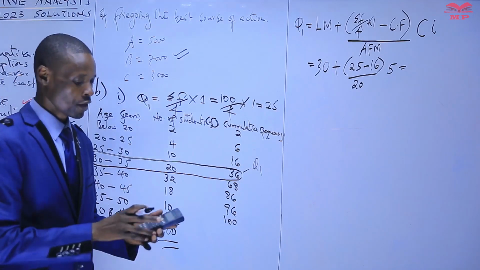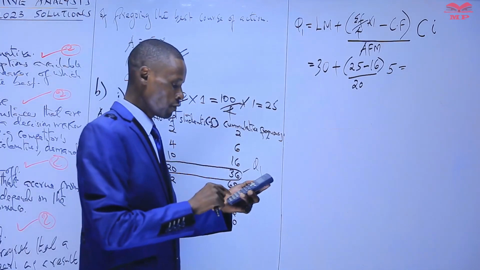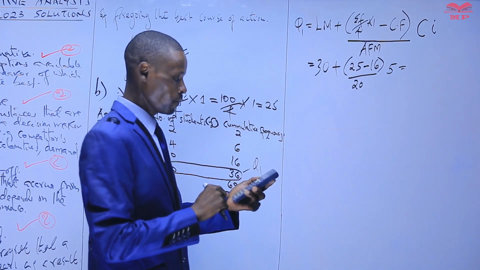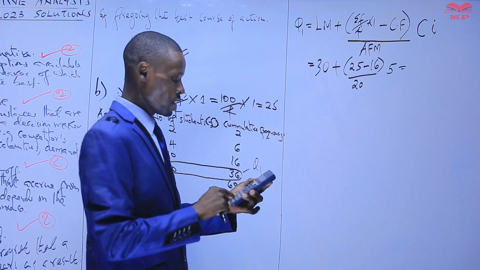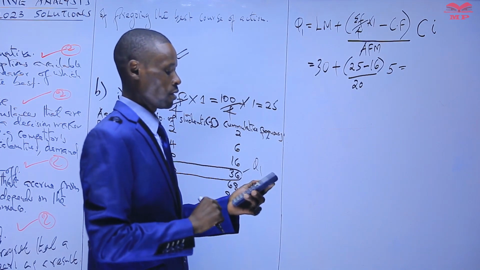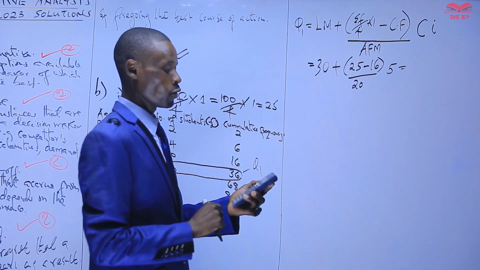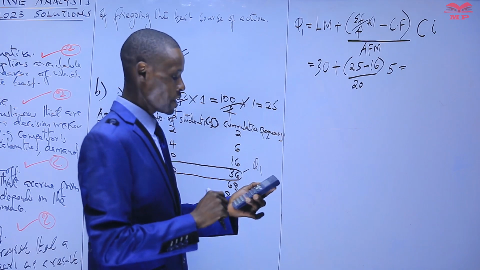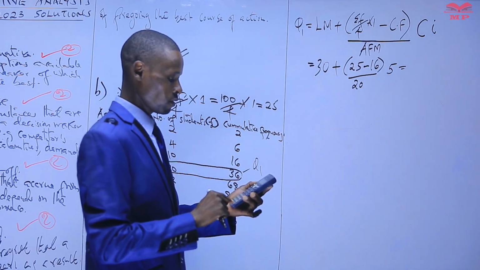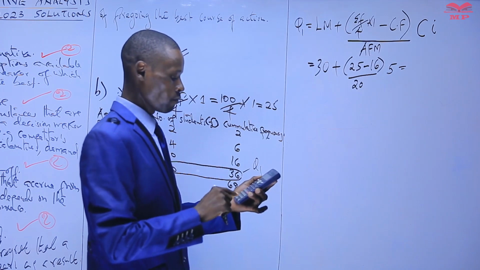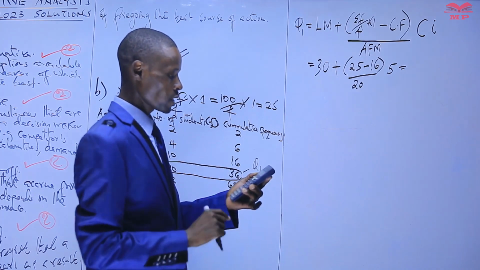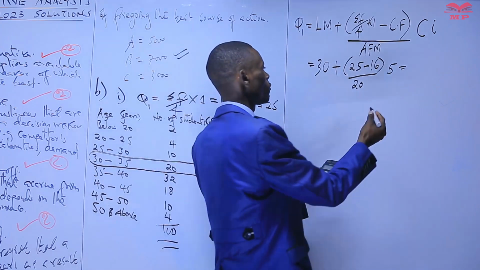So 25 minus 16, I have 9. I divide by 20, I have 0.45. Then I multiply with 5, I have 2.25. Then lastly, 30 plus that answer equals 32.25.